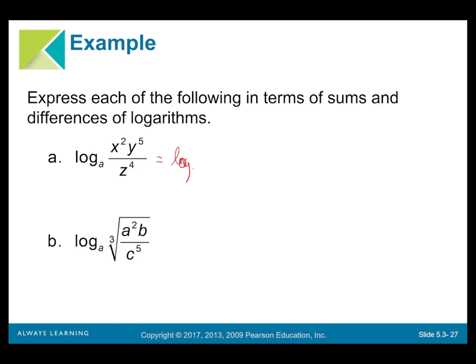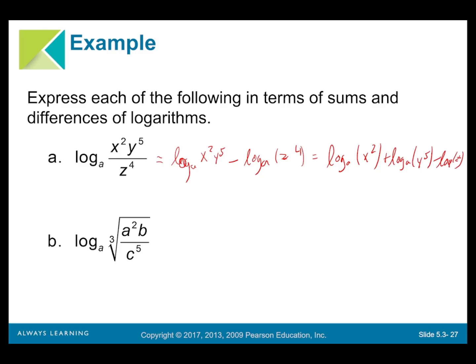Log a of x squared y to the 5 minus log a of z to the 4. Now that's the same thing. Let's do z to the 4 like that. Now I can break up my x times y. So I have log a of x squared plus log a of y to the 5th, minus log a of z to the 4.